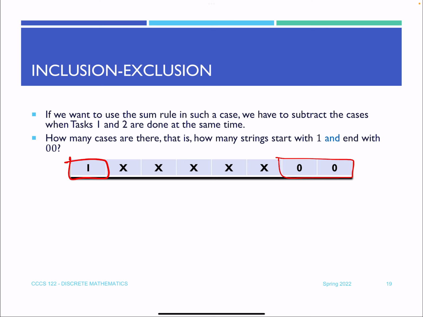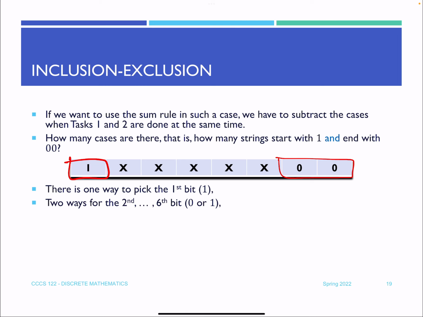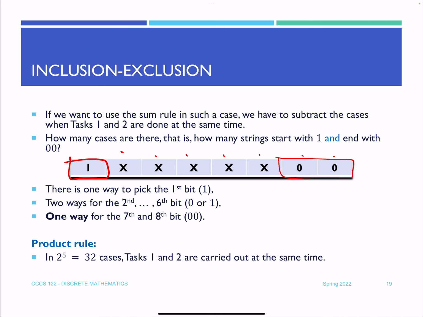Well, there's only one way to pick the first bit, but there are 2 ways to pick the second, third, fourth, fifth, and sixth bits. But there's again only one way to pick bits number 7 and 8. And according to the product rule, that leaves me with 2 to the power 5 options, 32 cases.